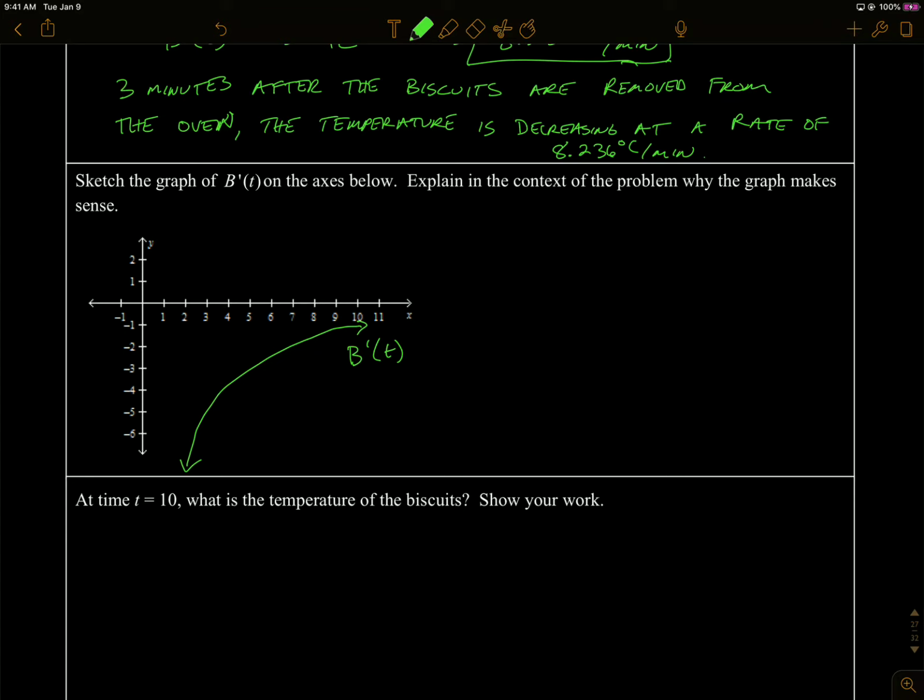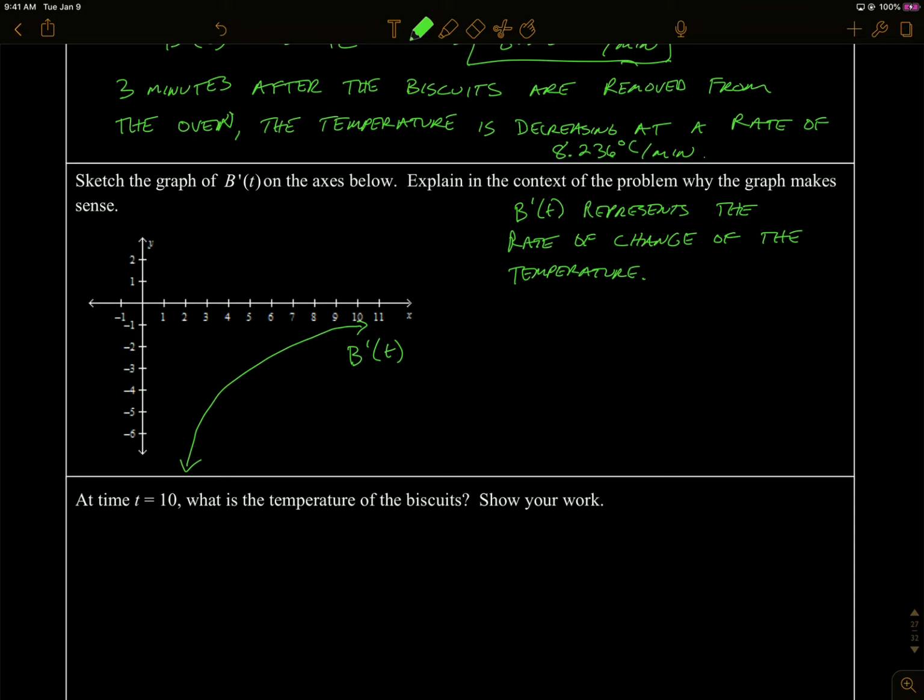Explain the context of the problem, why the graph makes sense. So that means that B prime of t represents the rate of change of the temperature of the biscuits. The biscuits are always getting cooler, so that means if the temperature is decreasing, the rate of change must be negative.